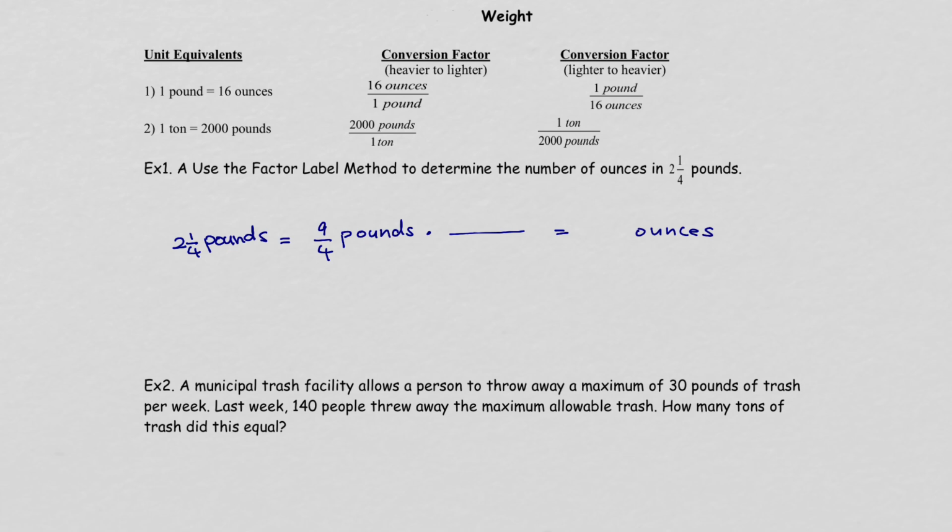So ounce should be what's on the numerator, and pounds should be on the denominator, and the comparison will be 16 ounce over 1 pound, so that these pounds will be canceling out each other, where only the ounce unit will remain.